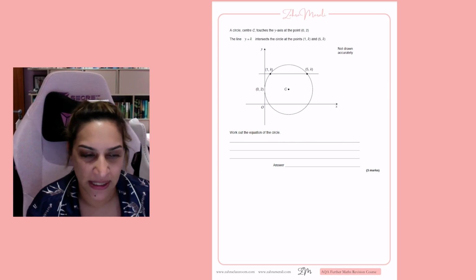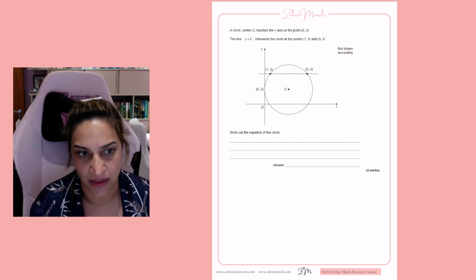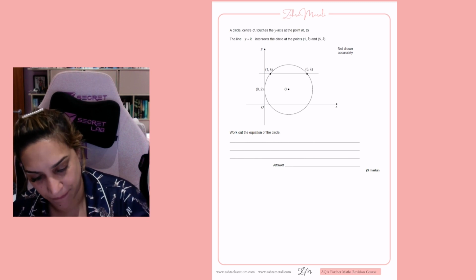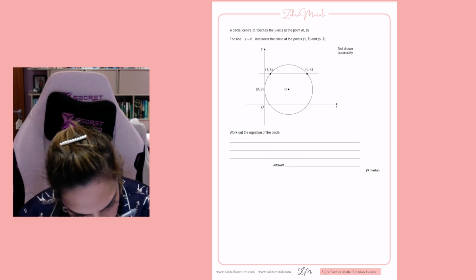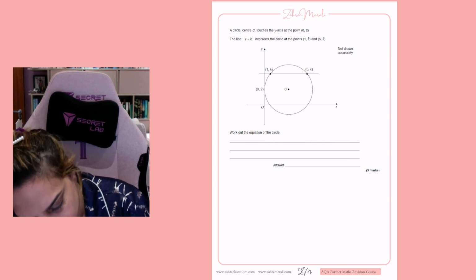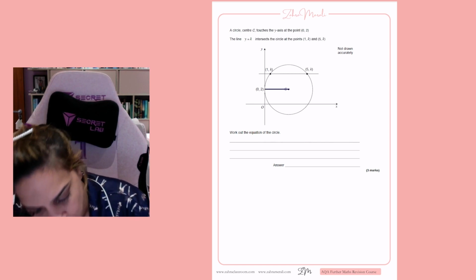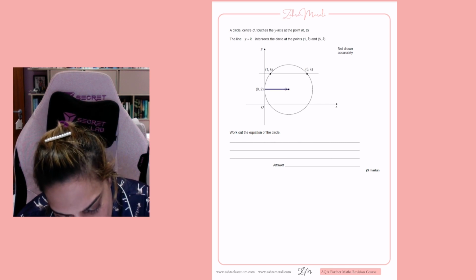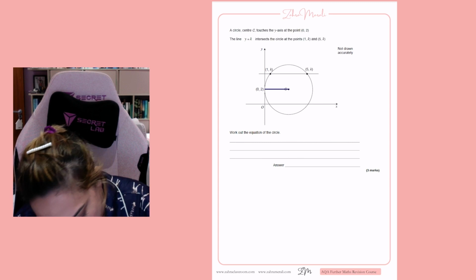And we've got to work out an equation of the line. So we need to work out how far in and out the line is, so what the center is and what the radius is. Okay, so if we're going to go from the center to the edge, we've got this line here, we can see that we're going from 0 to some point here.